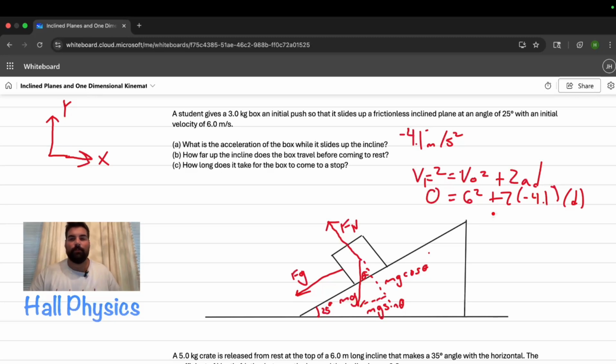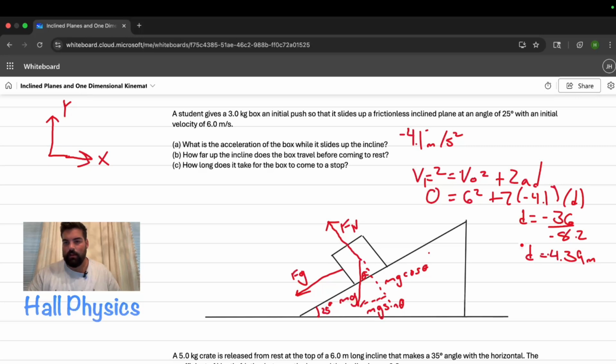So we rearrange this formula and solve for d. We should get d equals negative 36 divided by negative 8.2, and we should get a positive 4.39 meters.